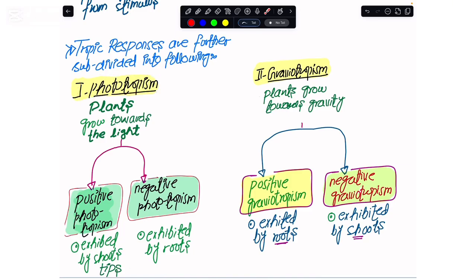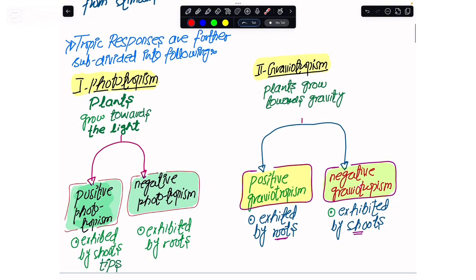Now we have to consider what subdivisions we have in phototropism. The first is positive phototropism, and the second is negative phototropism. As the word positive phototropism indicates, the shoots, and specifically the shoot tips, grow toward the light.